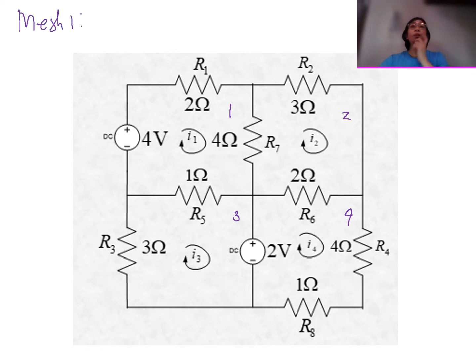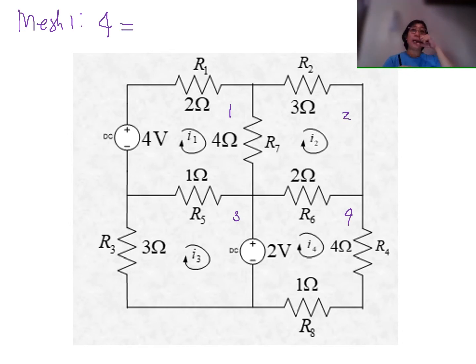For mesh number 1, let us follow the clockwise rotation, and it goes out to positive 4. So that means we have here 4 volts. That is equal to all resistors connected to I1.